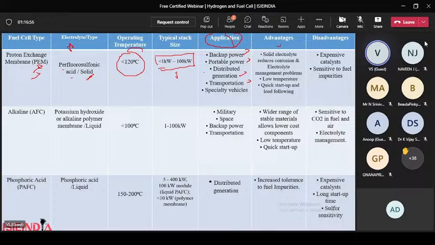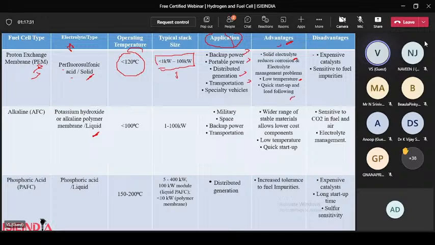Now coming to the advantages. This fuel cell has a solid electrolyte, so corrosion is reduced and there is no need for electrolyte management. But in the case of a liquid electrolyte, there is a need for electrolyte management. It also has low temperature, so it doesn't heat up during operation, and it has quick startup and load flow.